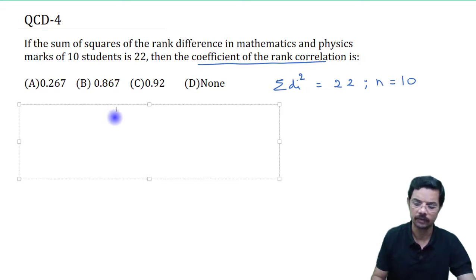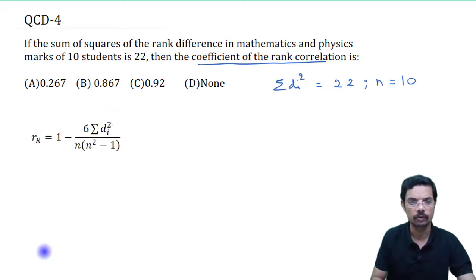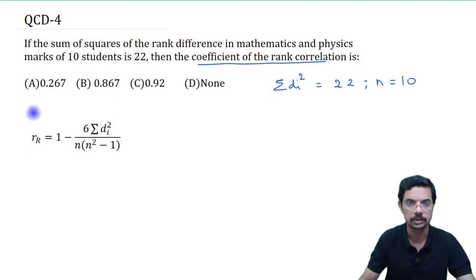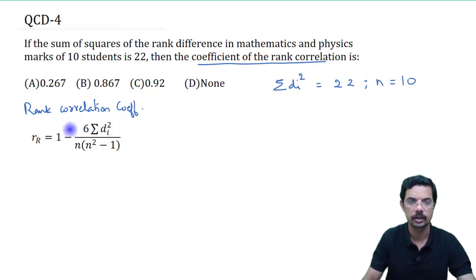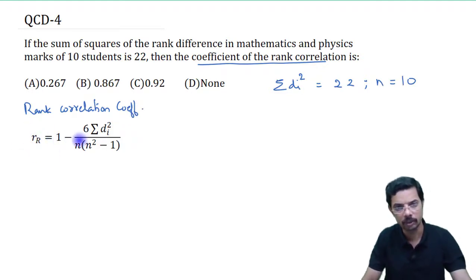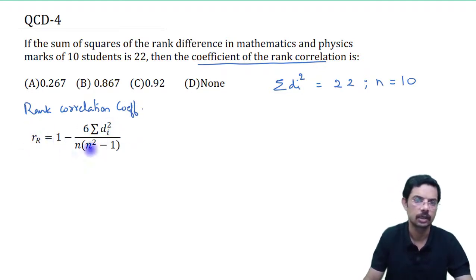It is very simple. We know the formula: R, the rank correlation coefficient, will be equal to 1 minus 6 into sigma di square divided by n into n square minus 1. We all know this formula.